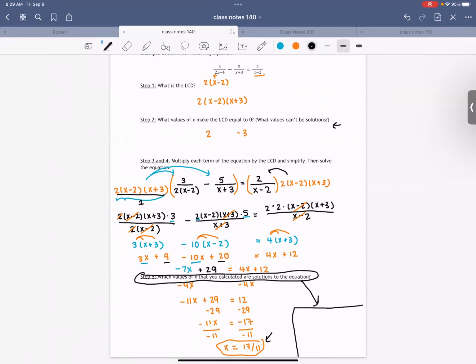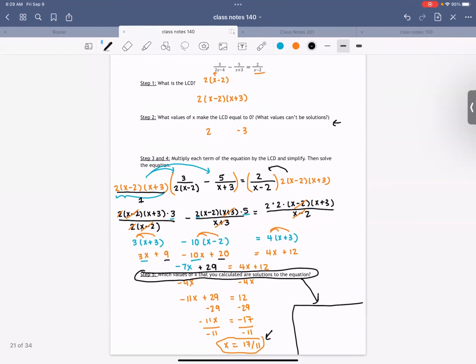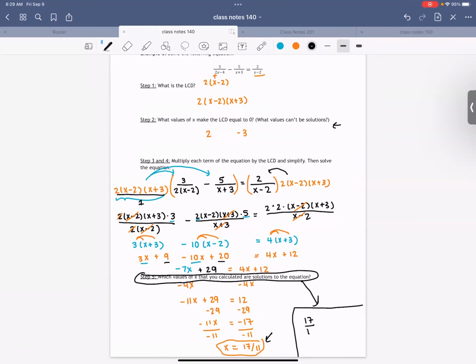Luckily for us, we got something that doesn't match the things in step number 2. So this means that 17 over 11 is a good solution. It's not something that can't be a solution, because it isn't 2 or negative 3.